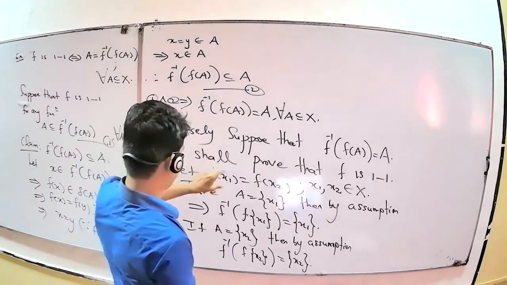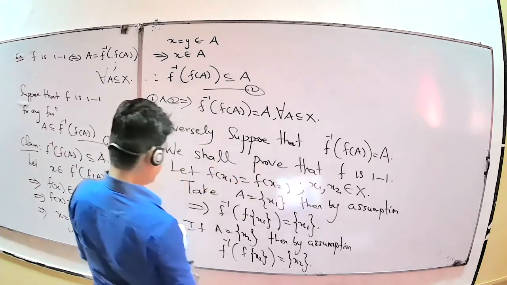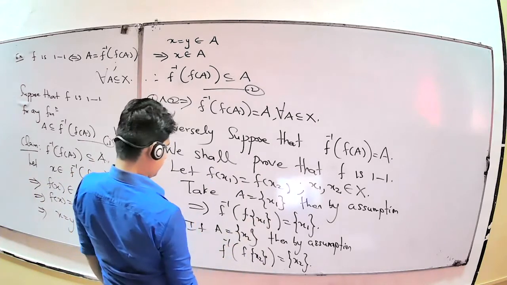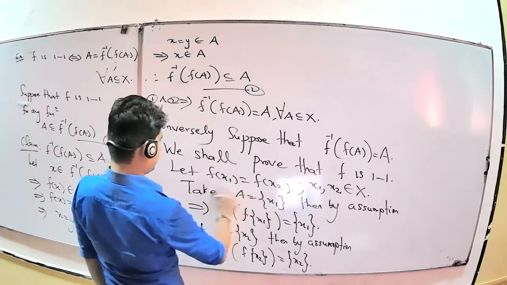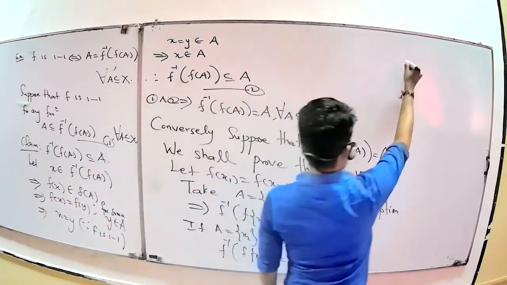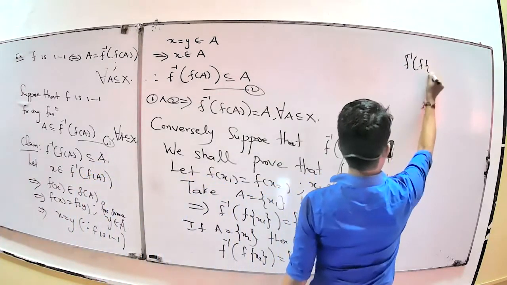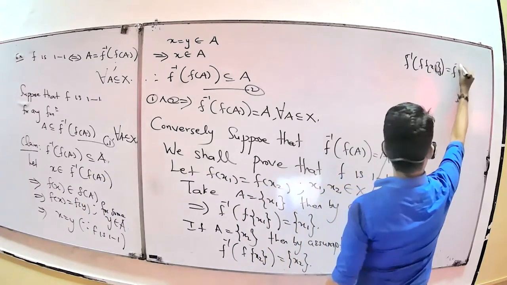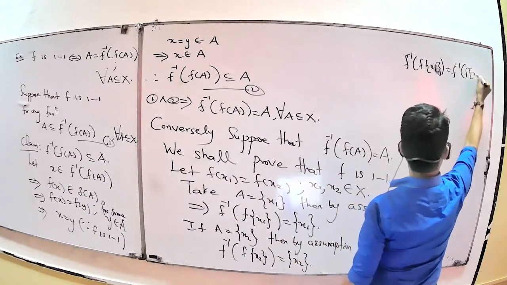Now we take f of x1 equal f of x2. Both are equal. For this condition, you take the inverse on both sides. This means f inverse of f of {x1} equals f inverse of f of {x2}.